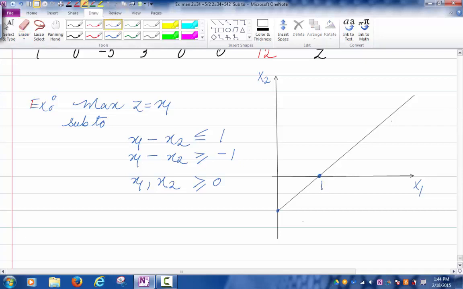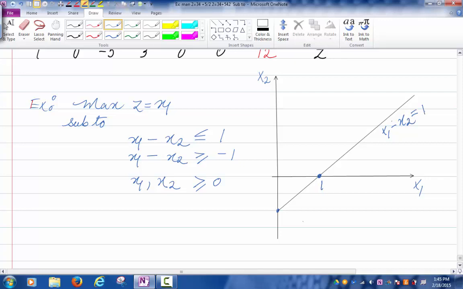So this is (1, 0). And if I take X2 to be -1, then I get X1 is 0. So this is fine. This is X1 minus X2 is equal to 1. Sorry, I was right the first time.